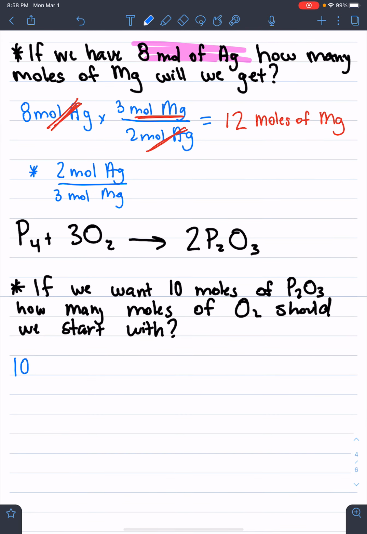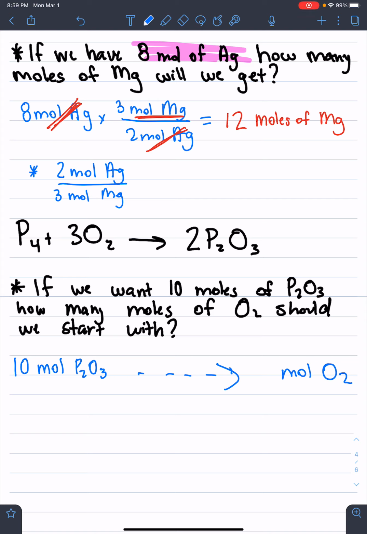So to start off, I would always start with the thing I'm given. So I have 10 moles of P2O3. That is what I'm given. That's what I'm starting with. And I know in the end here that I want to get to having moles of O2. So since this is my starting and this is my ending, I know my mole ratio. I want to be using moles of P2O3 and moles of O2.